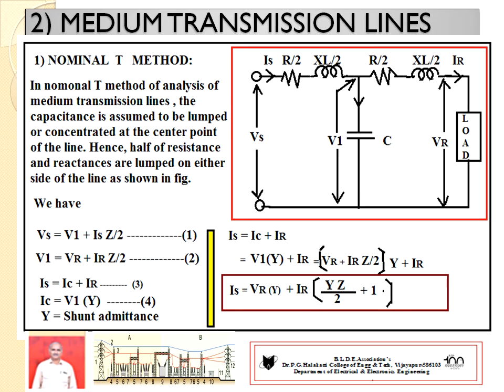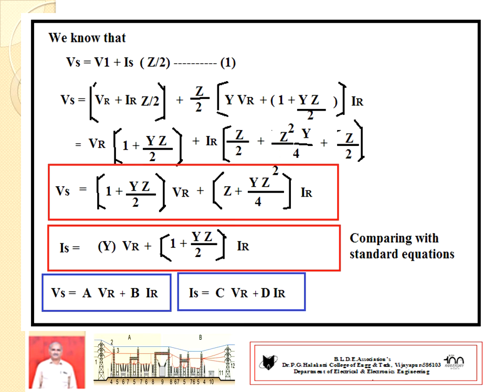After the final step, you separate the Vr term on one side and the Ir term on the other side. We are getting the final expression Is equal to Vr into Y plus Ir into (Yz by 2 plus 1). Then one parameter is done, Is.